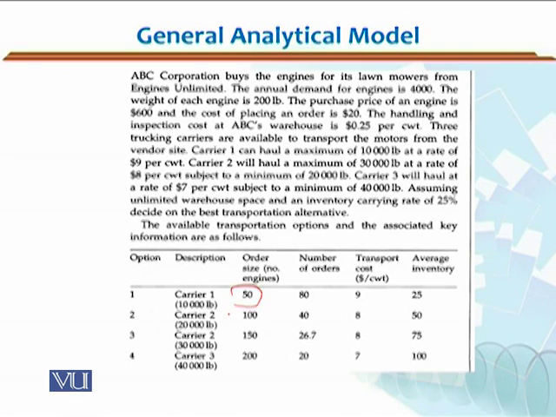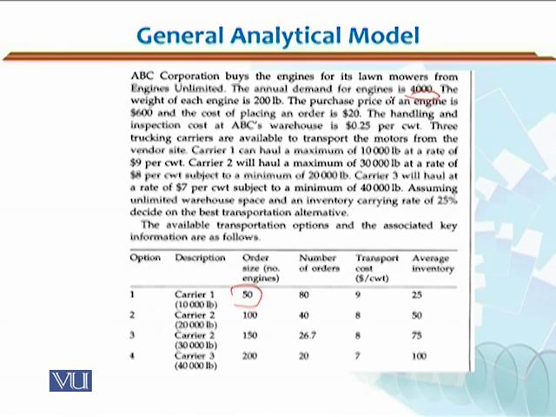And in order to fulfill the total annual demand of 4,000, how many orders do I need to place? I need to place 40. For Carrier 1, I had to place 80 orders to fulfill 4,000 annual demand. The transportation cost is given, that is $8 per CWT, and the average inventory would be 1 over 2 Q. So 1 over 2 Q is how much? 50.